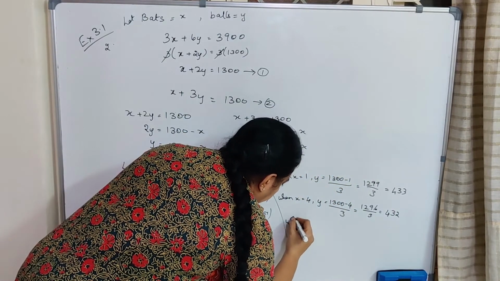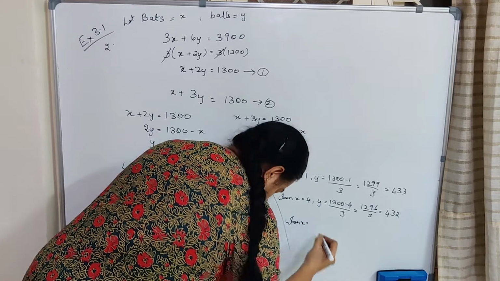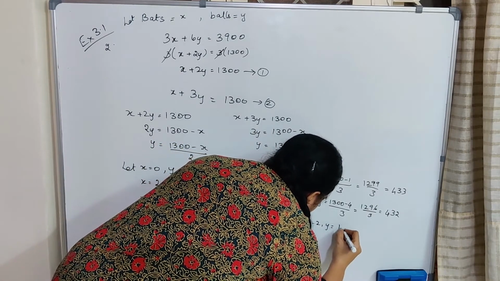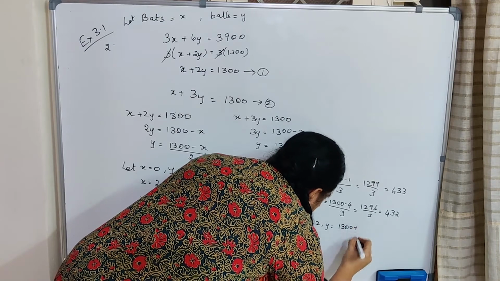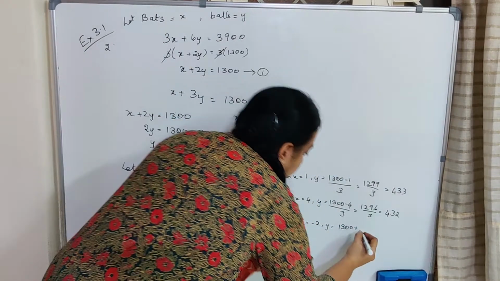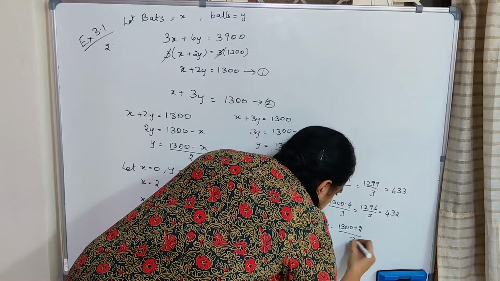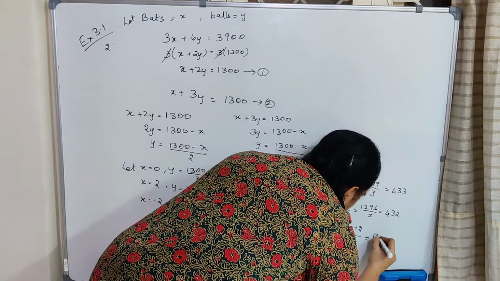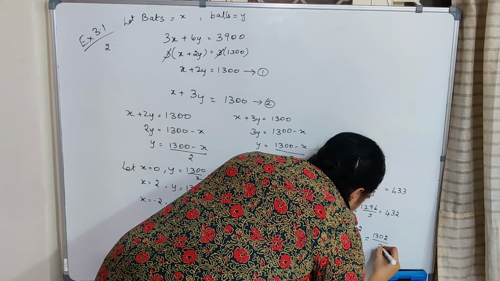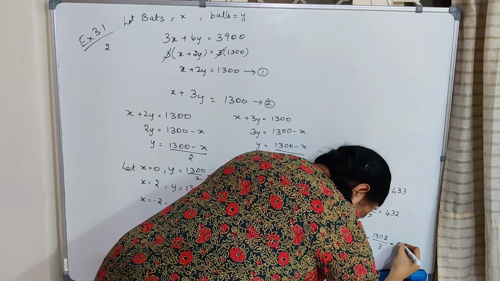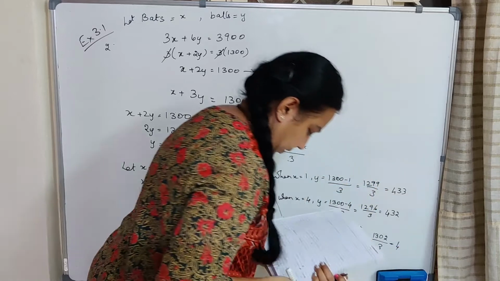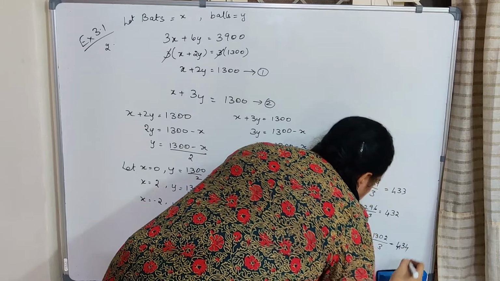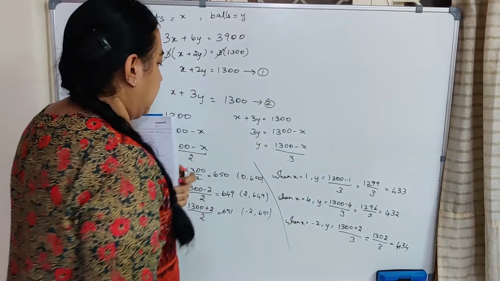And again I will consider one negative number. When x is equal to minus 2, y is equal to 1300, minus of minus it will become plus 2 by 3 and that is equal to 1302 by 3 and that is equal to 434. So we have again 3 points.